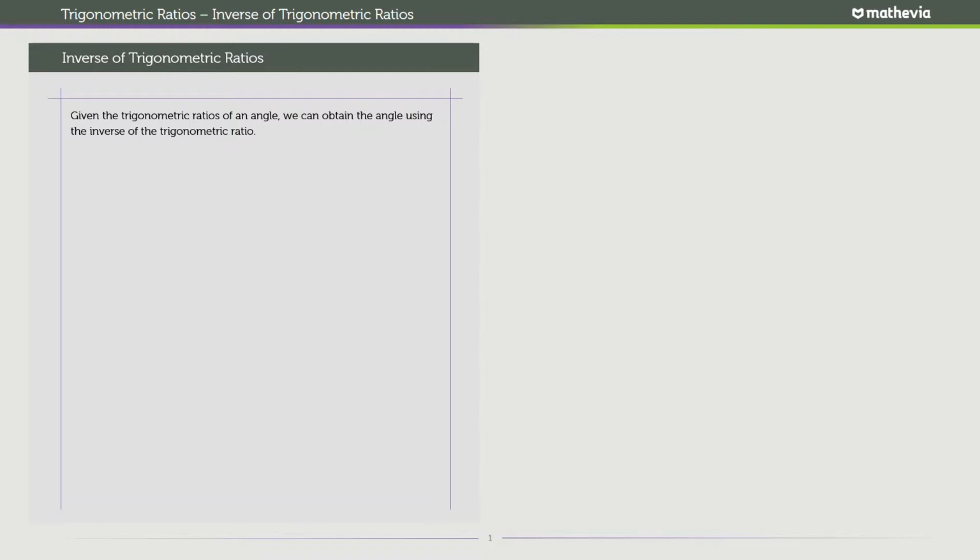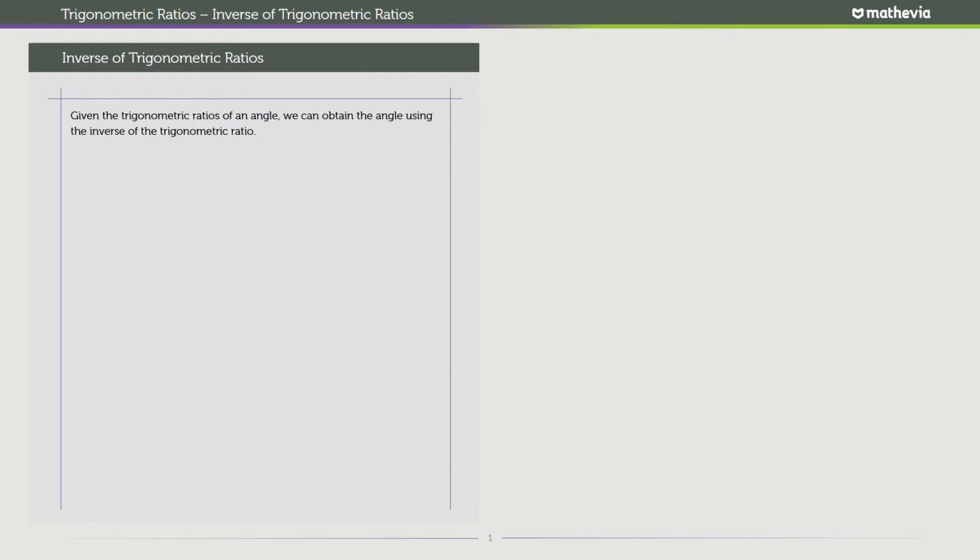Now, what we're going to learn about today is, what if you were given the trigonometric ratio and told to reverse that process and find the angle? If I ask you what sine of what angle would give you 0.8660, that's where trigonometric inverse comes in.